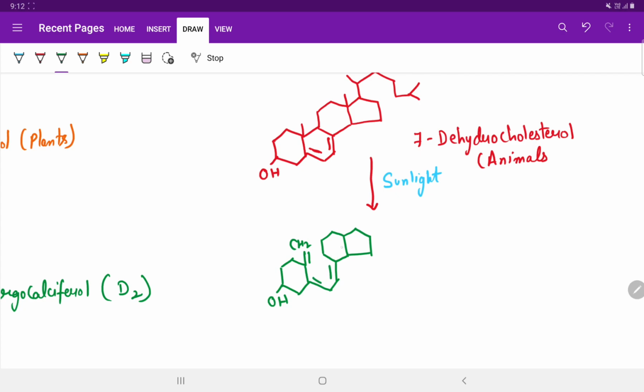You can clearly see here how these are leading to formation. There is again opening of the B ring, and this leads to the formation of cholecalciferol, that is vitamin D3.